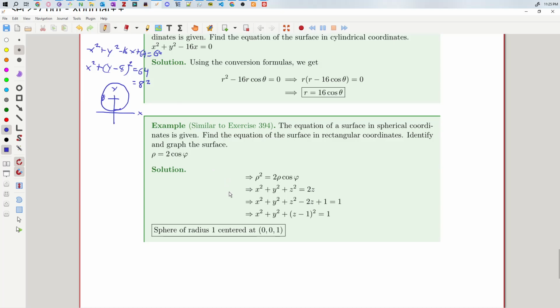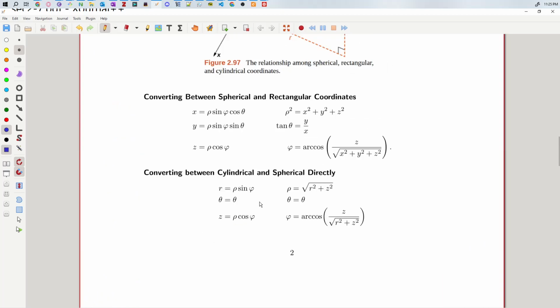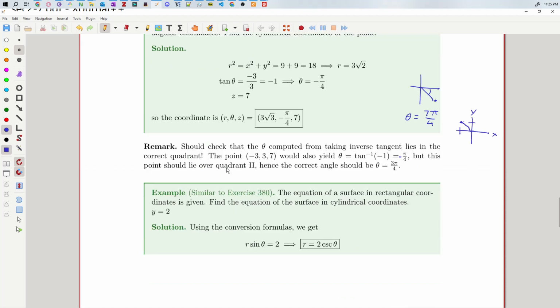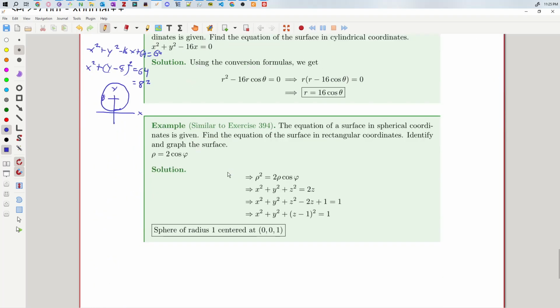Now, if you stare at the formulas you're given, cosine phi, right? This is, I think, the closest that you can get to having a cosine phi, and then notice that in order to get the rho, you would multiply both sides by rho.